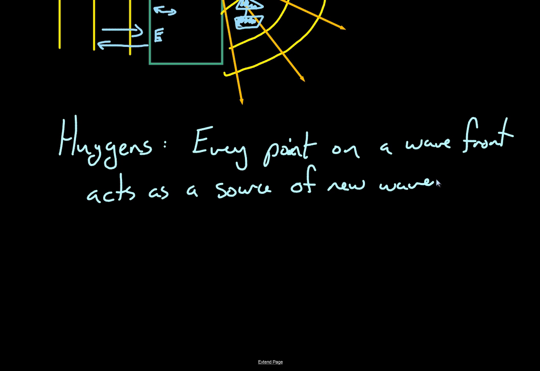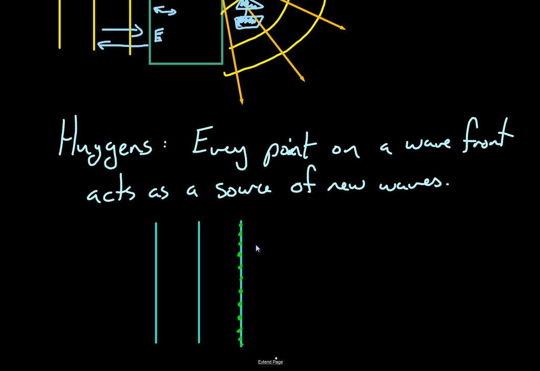Another way to think about this is, he said, imagine a plane wave. I'm going to draw a few plane waves here. These are waves in a line. Every point along this wavefront acts as if there's an infinite number of waves, and therefore any point along here can act as a source of new waves.